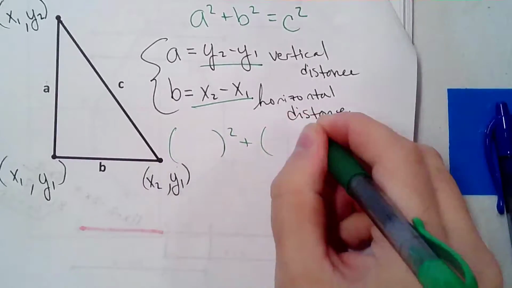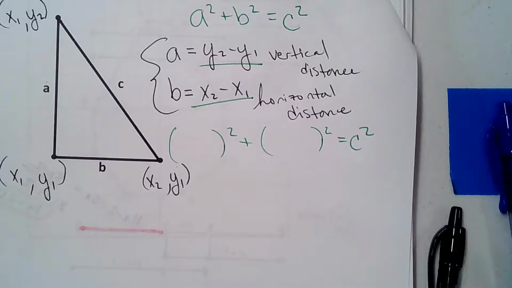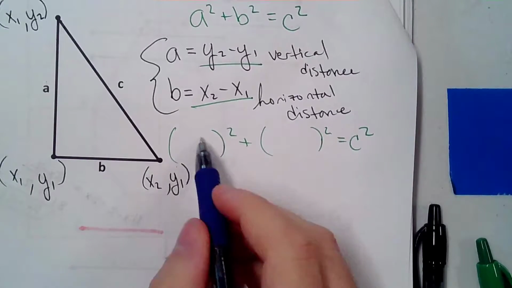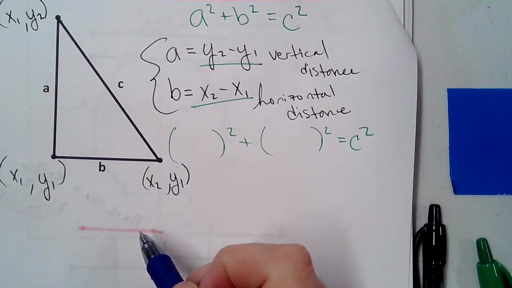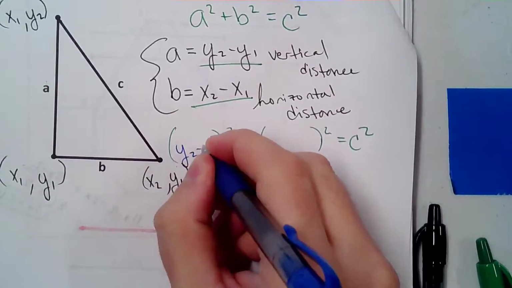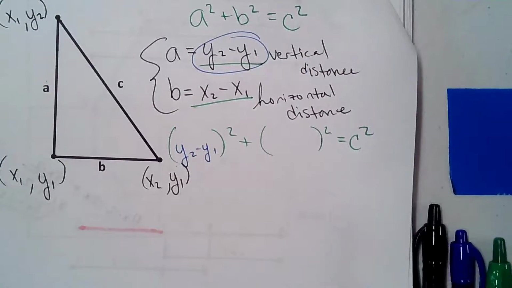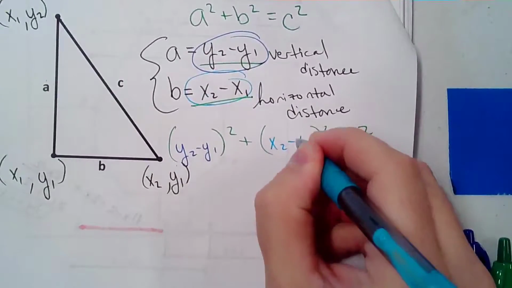So something squared plus something squared equals C squared. What are we switching out for A? In this problem, what do we switch out for A? A used to be here. Y2 minus y1, right, that's where it is. A is that, so we can switch them out. B, on the other hand, is x2 minus x1, so we're switching out here.